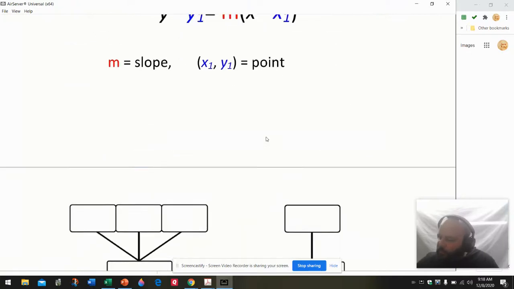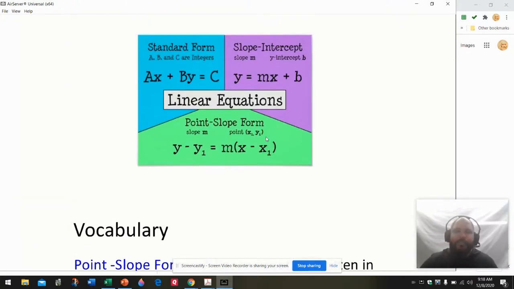Now, again, let's scroll up here for a second. Remember, we have three different forms of a line. We have slope-intercept form, which is probably the most familiar to you, which is y equals mx plus b. You can see that we solve for y. We get y by itself. But there's also standard form, where you can see the x and the y are together on one side, and then the constant is on the other side.